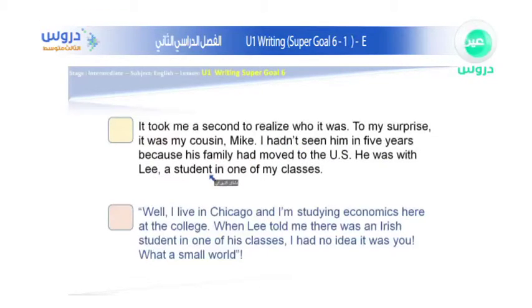He was with Lee, a student in one of my classes. The last one. Well, I live in Chicago and I'm studying economics here at the college. When Lee told me there was an Irish student in one of his classes, I had no idea it was you. What a small world.